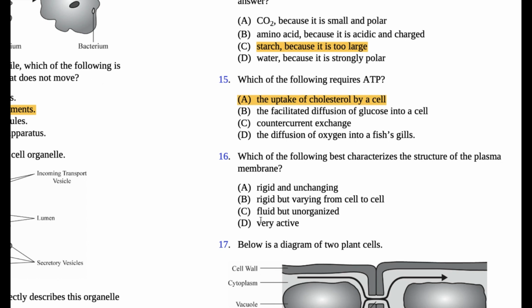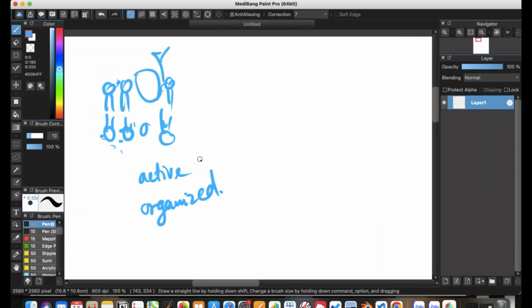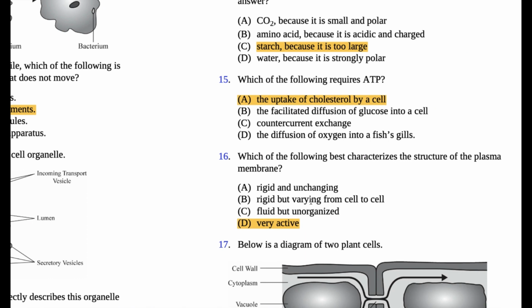It's semi. So I'm going to choose D because the transportation of substances inside and outside the cell happens all the time, right? We have ions, we have water, the transportation just happens all the time. So you see that it's very active indeed.